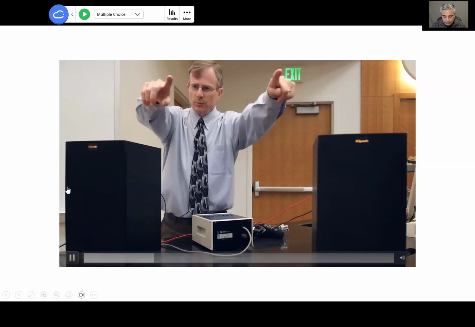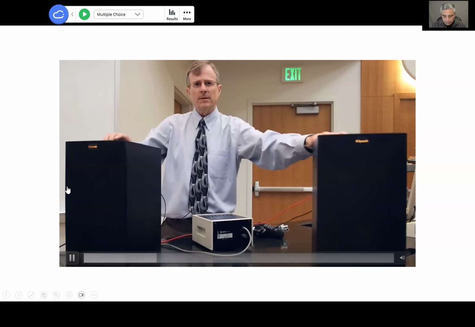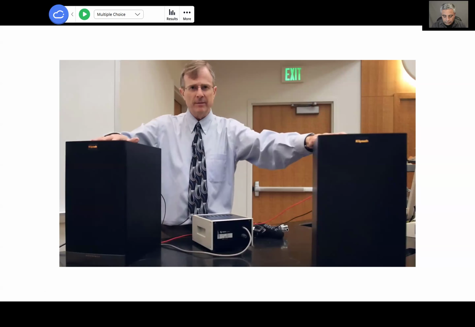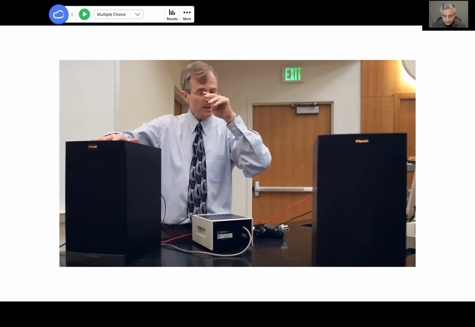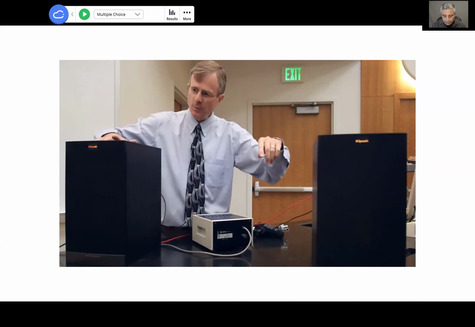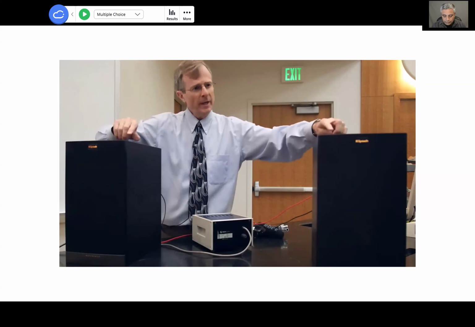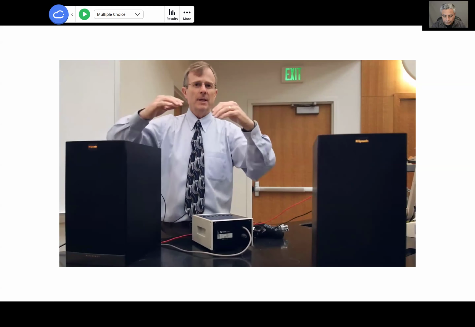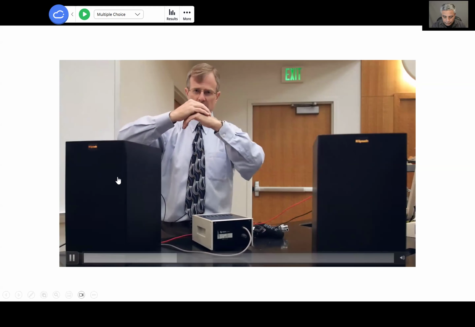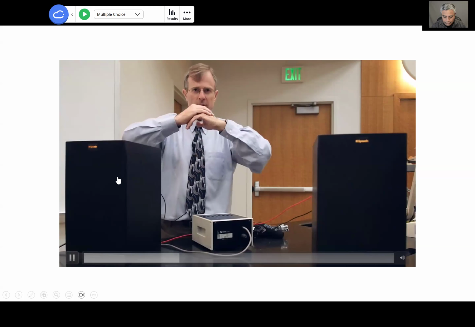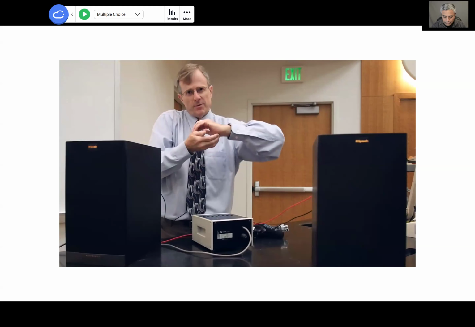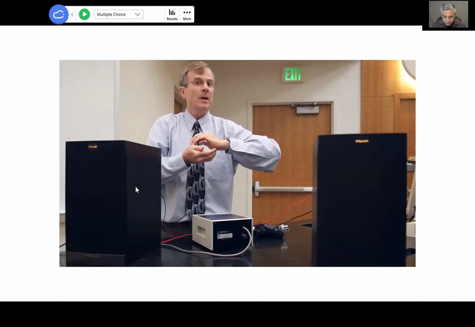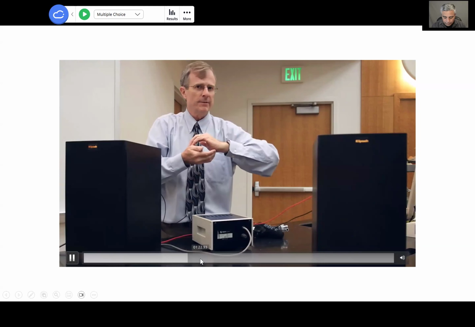But as soon as you've moved a little bit in such a way that the difference between the two paths, from one speaker to you and the other speaker to you, is half a wavelength, then instead of the peaks and the valleys overlapping with each other, you get a peak where there's a valley in the sound, and the sound cancels. That's called destructive interference.